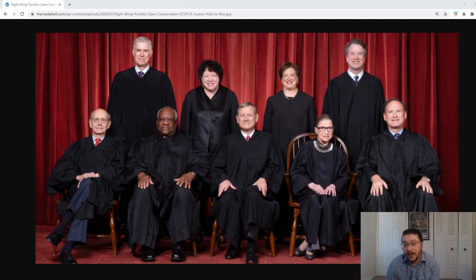So I think we all know that originally the role of the Supreme Court was kind of vague, if we're 100% honest. You look at the Constitution, and the section on the Supreme Court is tiny.